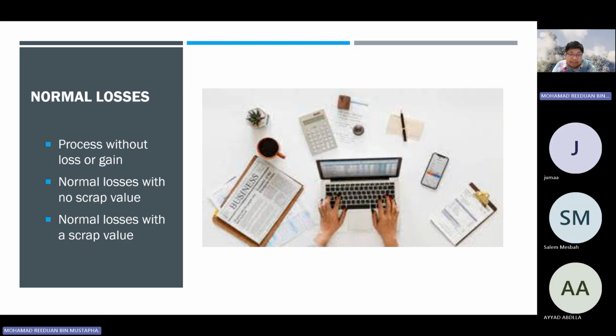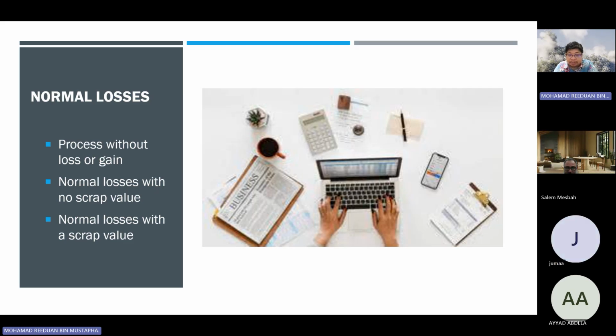So this is the normal loss: process without loss or gain. Even though it's a loss, we consider it normal. Normal loss with no scrap value, normal loss with scrap value. So we understand that in certain industries, in process costing, when we process something there is scrap that we need to dispose of.